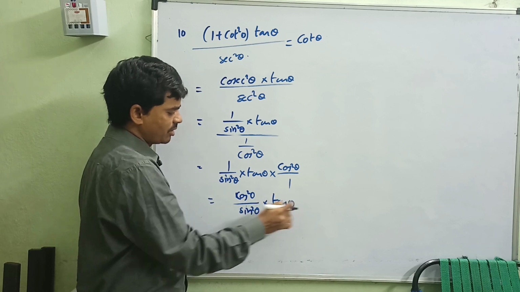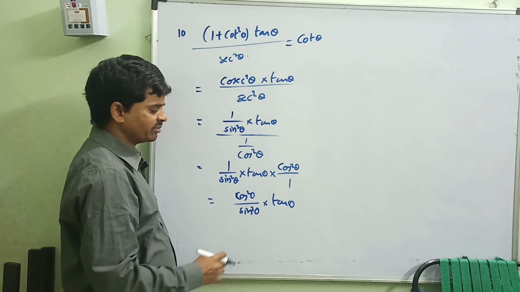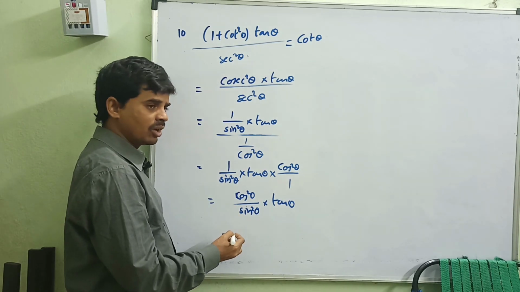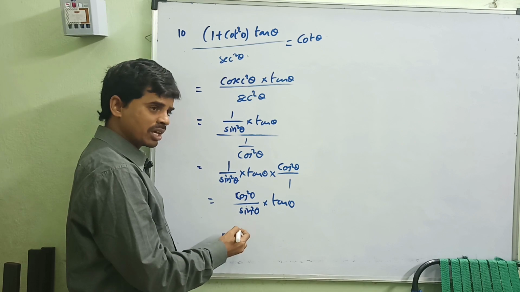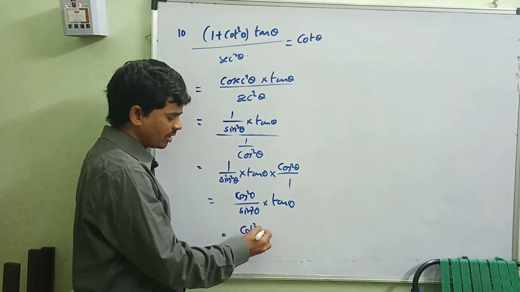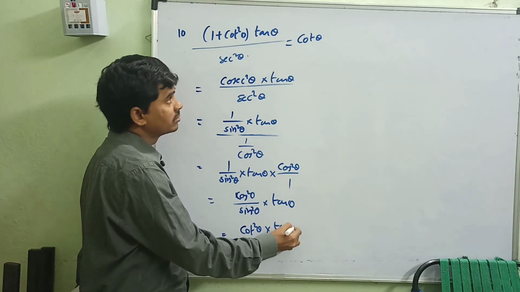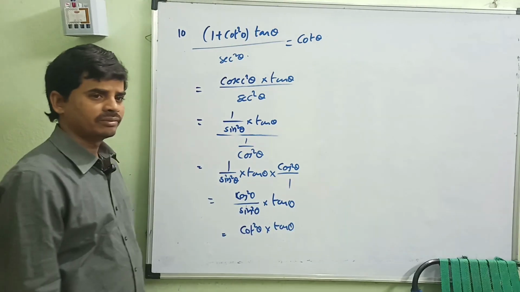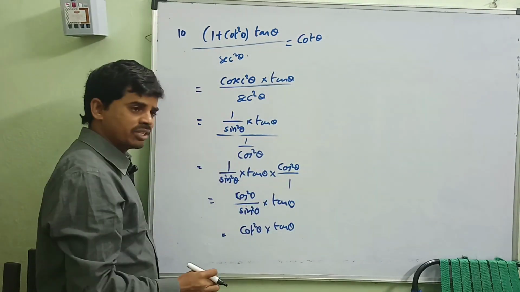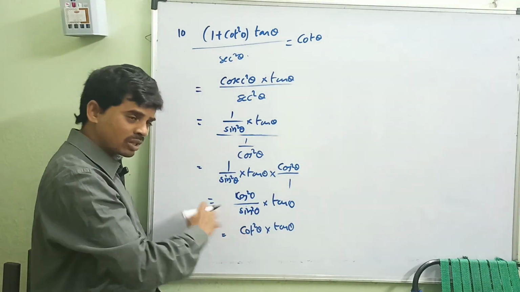This tan theta is continuing still at the end. Next, cos square by sin square theta is equal to how much? Cot square theta. We need only one cot, but here cot square is there, so one cot should be cancelled.